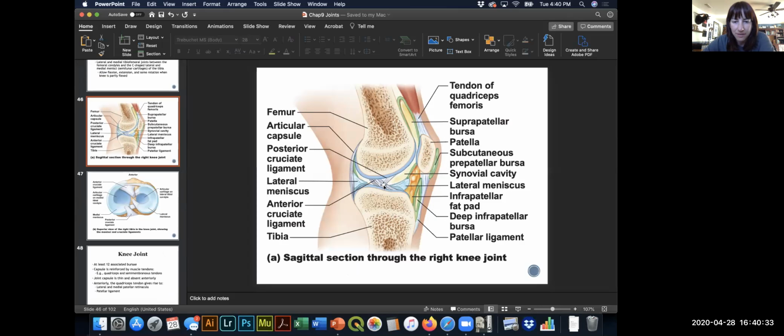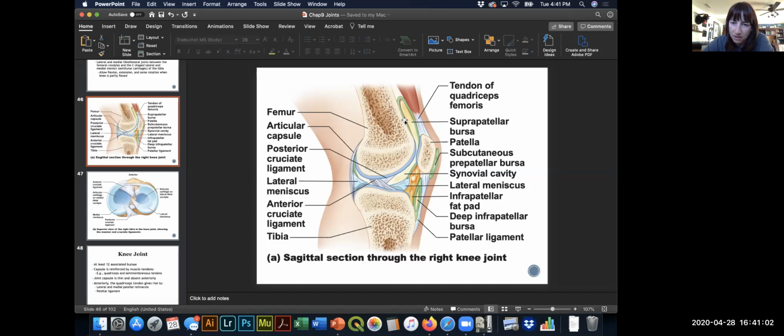You've got then our reinforcing ligaments. These ones are, of course, intracapsular, right? Because they're inside of the joint cavity. Actually, this ligament here would be extracapsular. This is a tendon, so it's not technically any kind of capsular ligament. You've also got your bursae, right? So here's a bursa, here's a bursa.